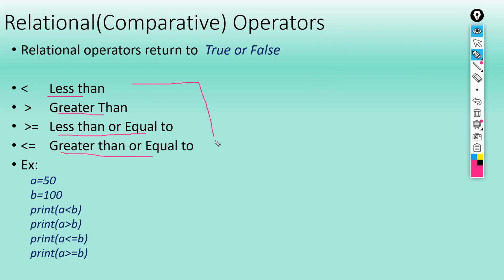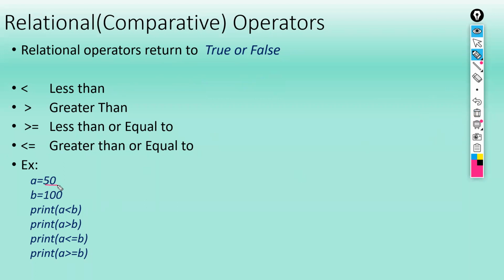Of course, you are very familiar with this. What it returns means the output is either true or false. True means yes, the condition is satisfied. For example, A less than B. See here, we already have an example, right?